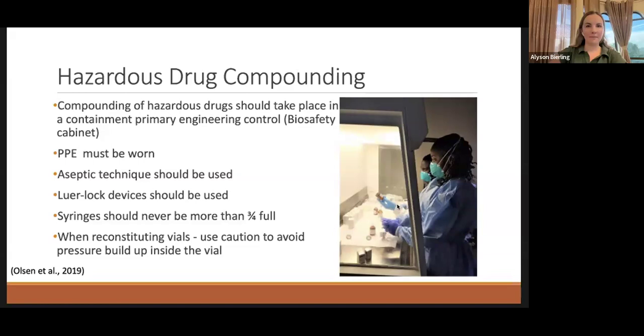And they are wearing an N95 respirator as well. So that is the PPE that's required when compounding. And again, I mentioned this earlier, we want to make sure that syringes are never more than 3/4 or 75% full to avoid the plunger coming off of the syringe.